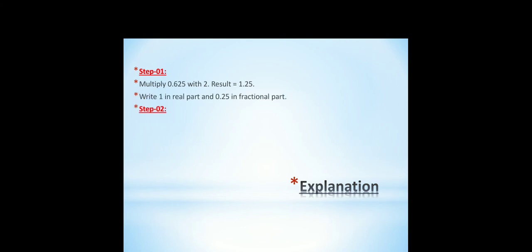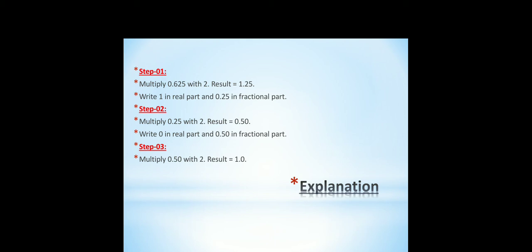Now traverse the real part from top to bottom to obtain the required number in base 2. Okay, these steps are again shown here. Whatever the table previously shown, its explanation or its steps are shown here.